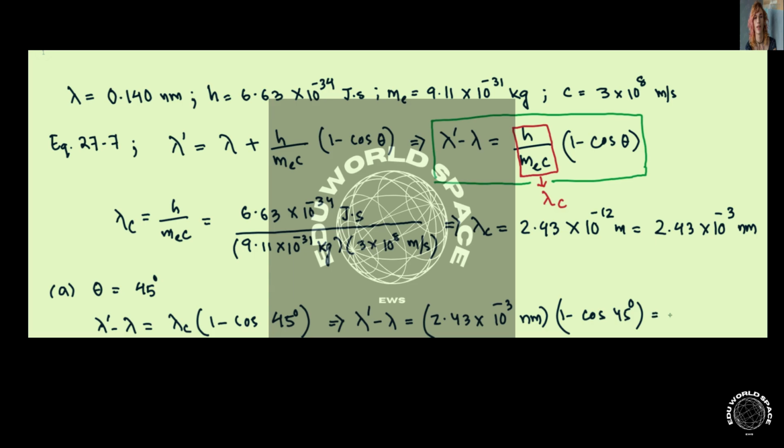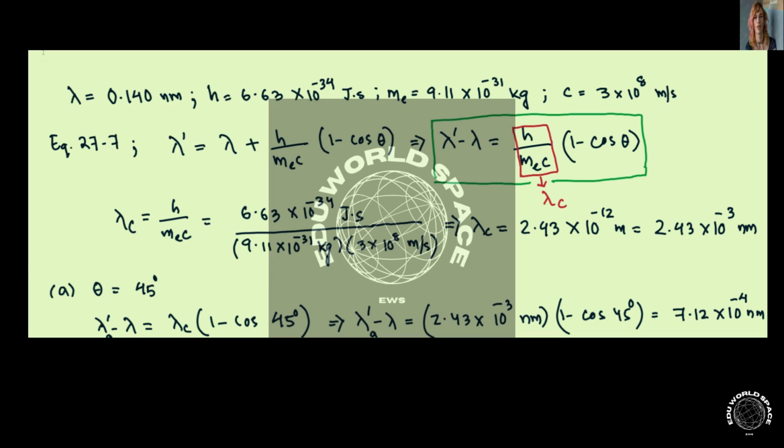And this gives the value 7.12 times 10 to the power minus 4 nanometer. Yeah, so let's mark this as lambda dash A for the first part.